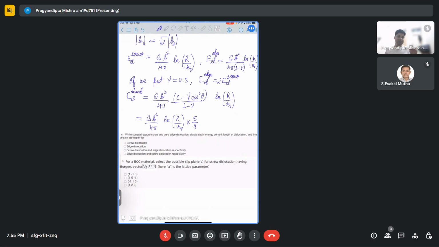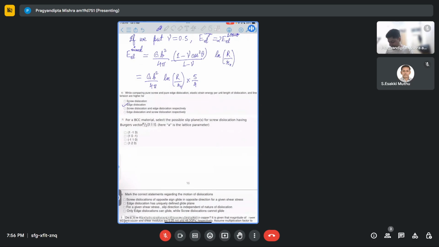Nu is essentially always less than 1, so 1 minus nu will be less than 1. So something divided by less than 1 will be a greater term. So elastic strain energy per unit length of dislocation will be higher for edge dislocation. Line tension also depends on this energy itself, so that will also be higher. Therefore, in both cases, it will be higher for edge dislocation only.